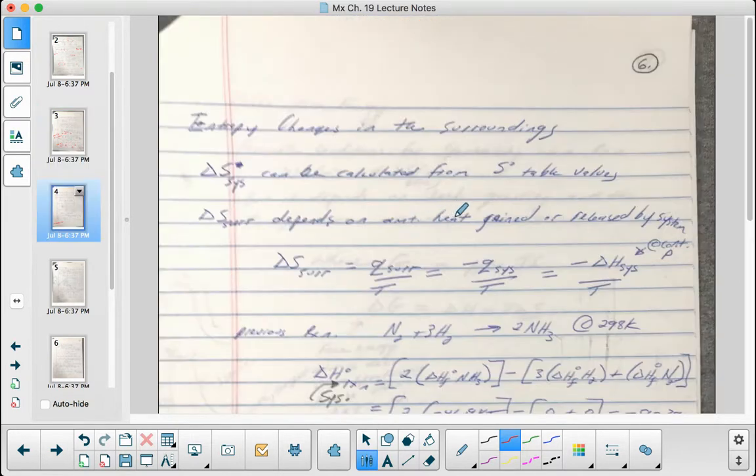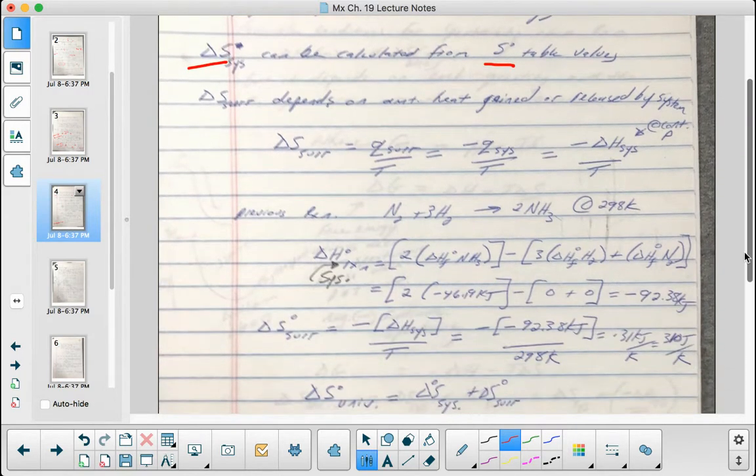Okay. So we also want to be able to calculate the entropy change for the surroundings. So the delta S for the system, as I said before, is calculated from the table values. So in my example, the system was my reaction between nitrogen and hydrogen, and I showed you how to calculate that. But now what we have to do is figure out how to calculate the delta S of the surroundings, and it depends upon the amount of heat gained or released by the system.